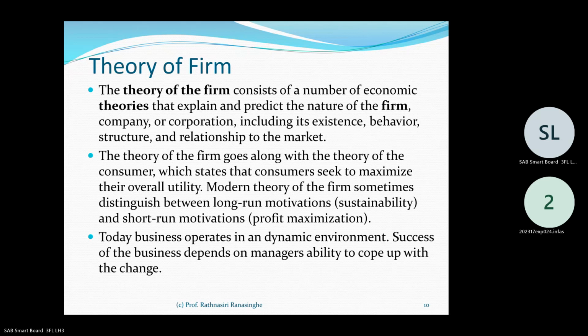In traditional firms, the small firms, there's no big difference between the owner and the management. Everything is done by the owner, who always tries to maximize the profit. But in today's complex environment, with large business entities like conglomerates, transnational companies, and multinationals, ownership and management are two different things.